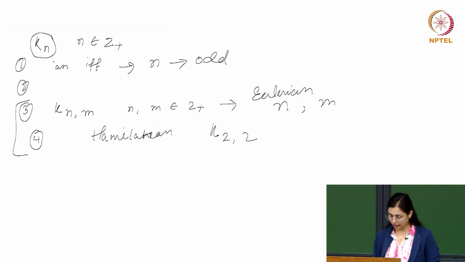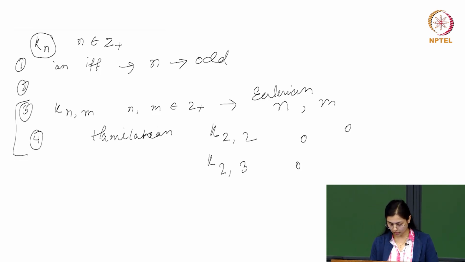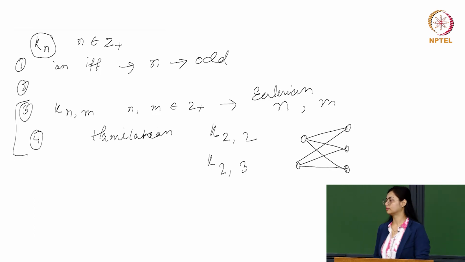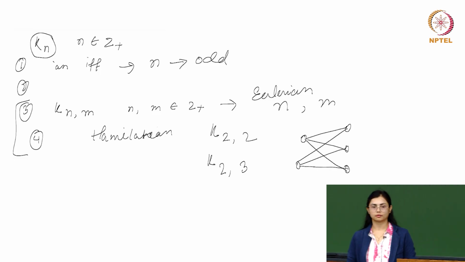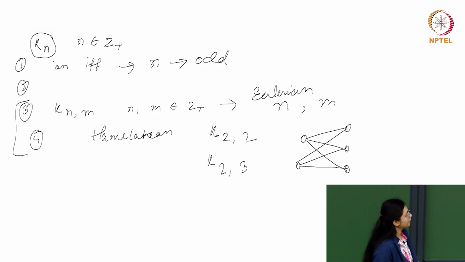Okay, then let's take 2 and 3. Right? Can you find an Eulerian and Hamiltonian path here?